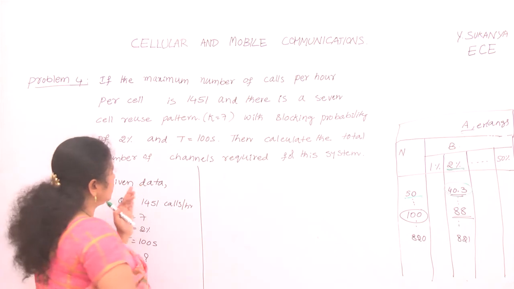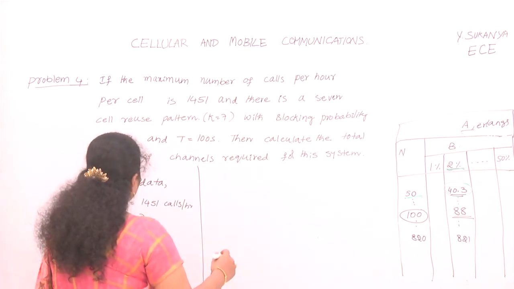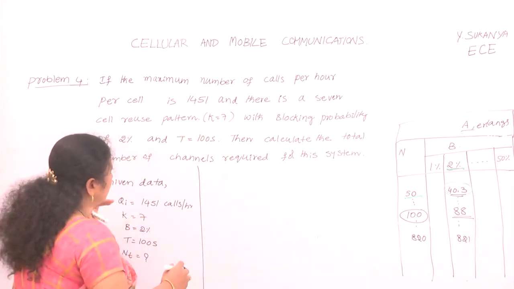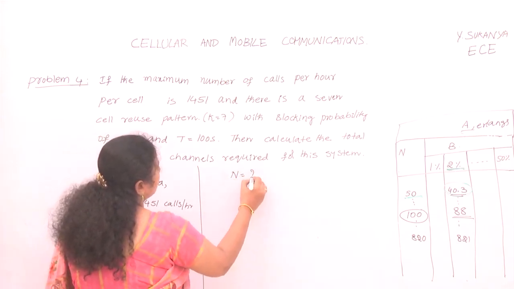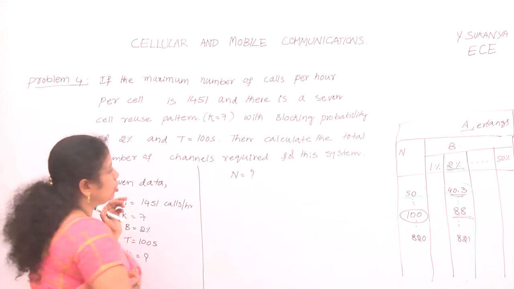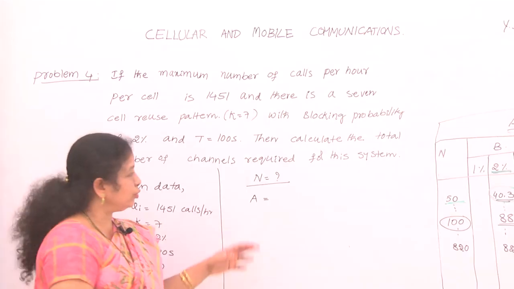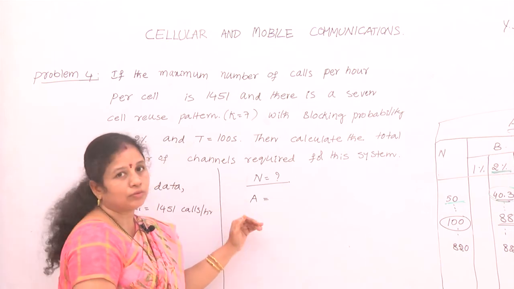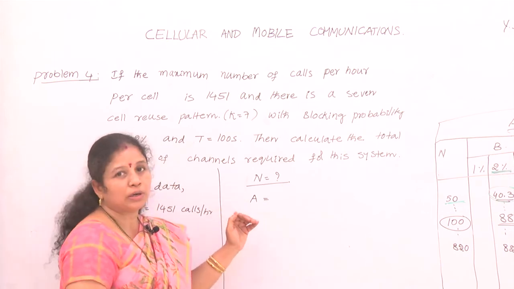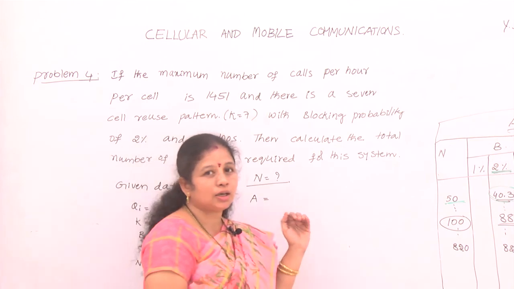So first we will find out the value of n, and then we will calculate the total number of channels required for the entire system.